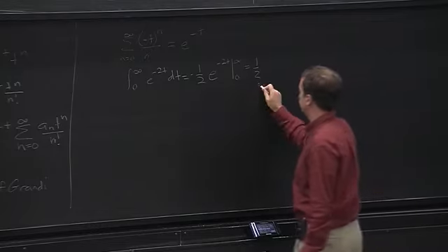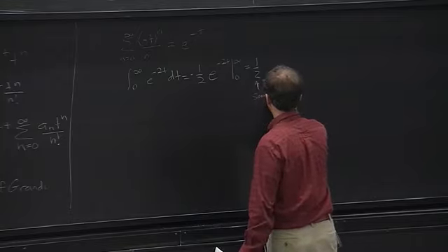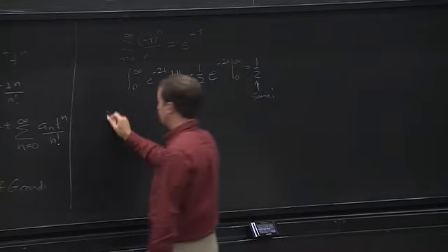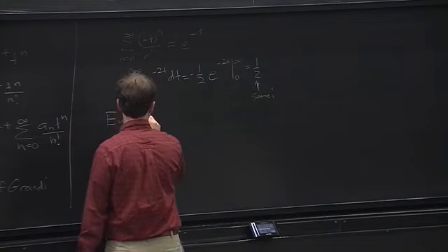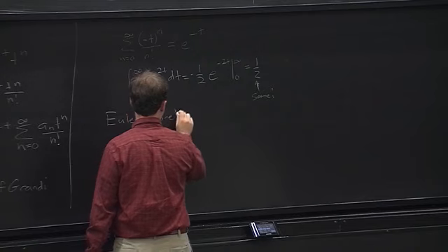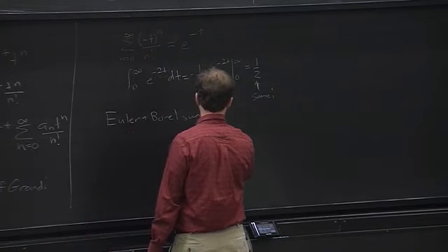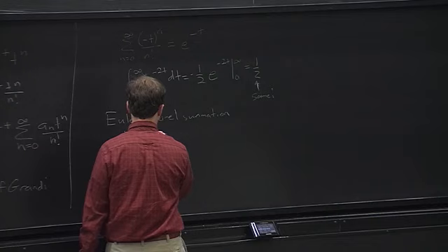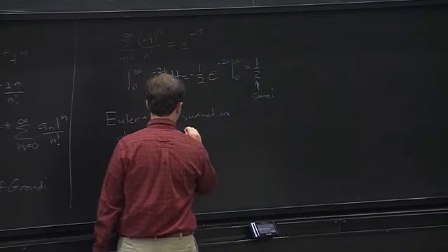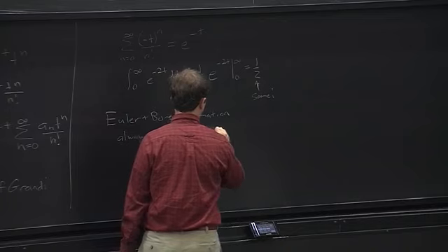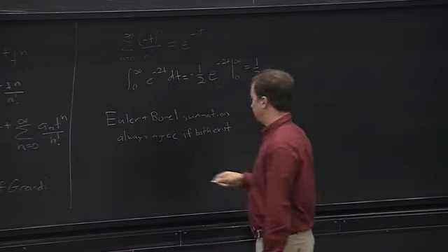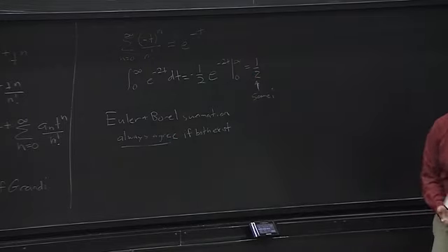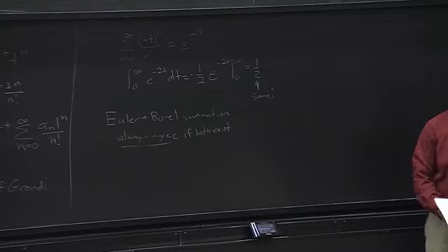So this is, in fact, not an accident. Euler and Borel summation always agree if both exist. So it's not as arbitrary as it seems.